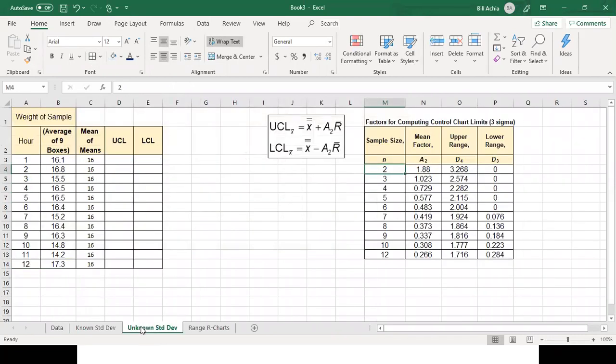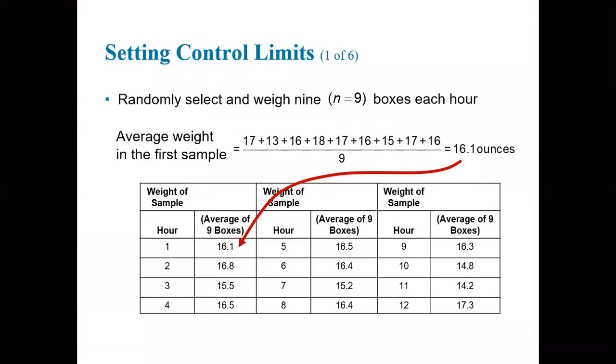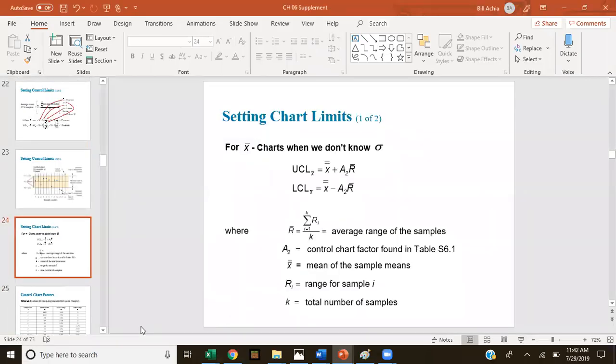If you want to reference your PowerPoint slides, this is slide number 24 in mine. Yours might be slightly different because I took out certain slides that I didn't need for this presentation.